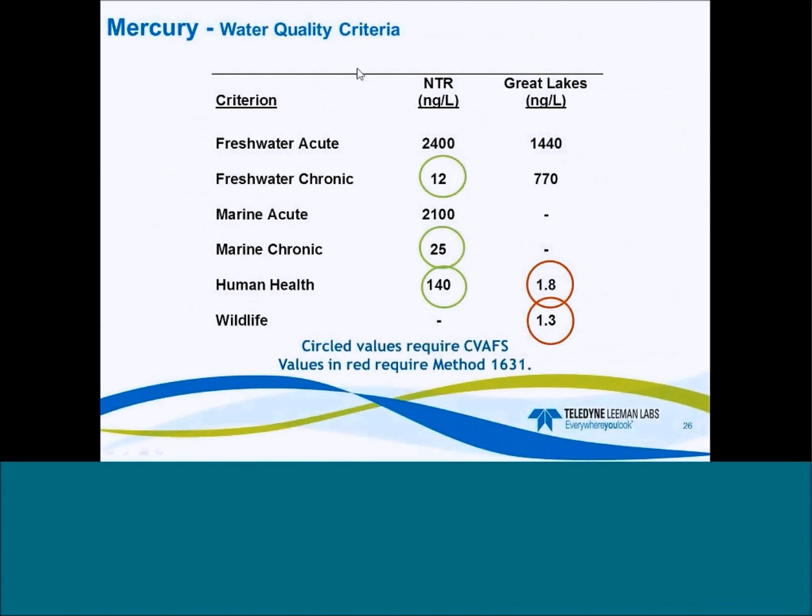This is the criteria that's generated for water quality, and you can see that the values that are circled in green would be satisfied by method 245.7, but the values that are circled in red would only be satisfied by 1631. The other values that are not circled would be satisfied by the cold vapor atomic absorption approach.